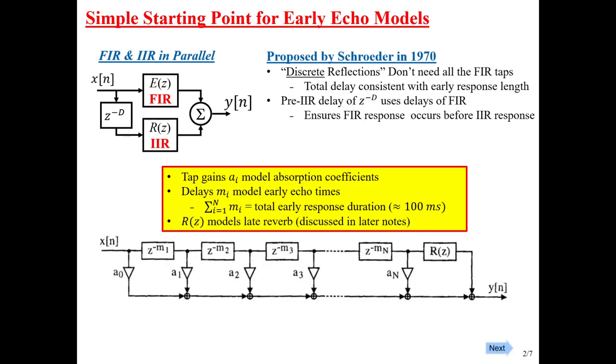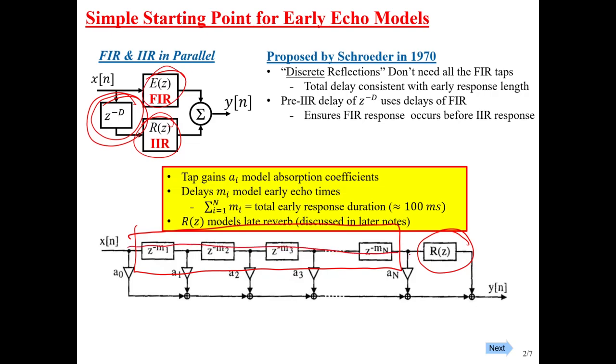And then here's this R of Z at the end here. That's this R of Z here. And so with it set up this way, we don't even really need an explicit Z to the minus D. We're really just using all of those things for double duty. They play the role of the delays in there, but they also play the role of the delay that's needed here.